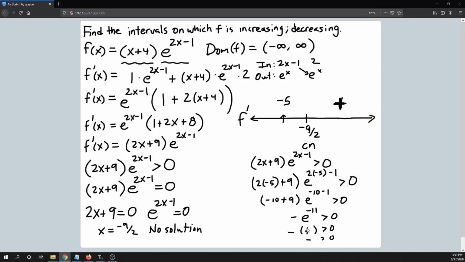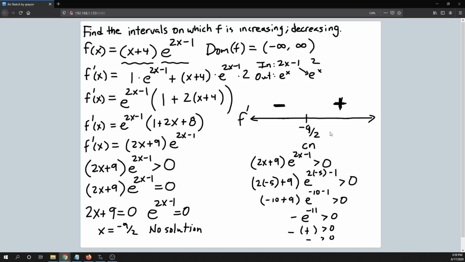So what that means is that for this interval over here to the left, I get a minus on that interval. So I have my sign diagram completed on here.